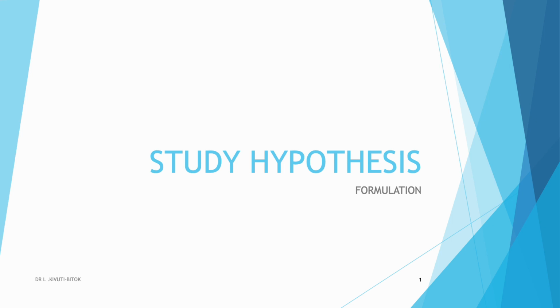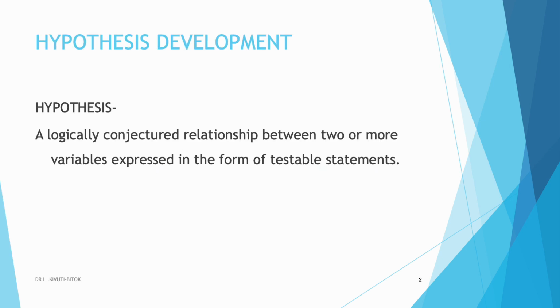Welcome back. In this session, we'll look at study hypothesis and how to develop the same. A hypothesis is a logically conjured relationship between two or more variables expressed in the form of testable statements.